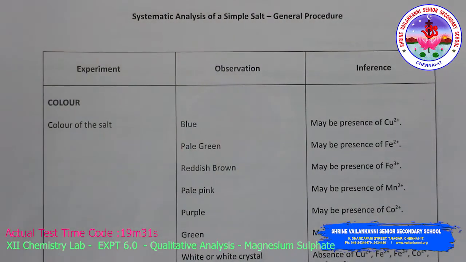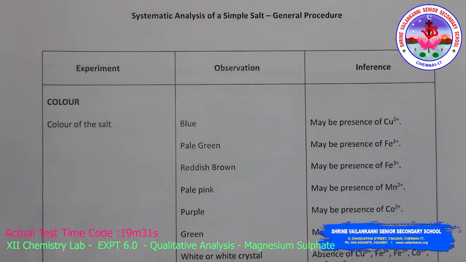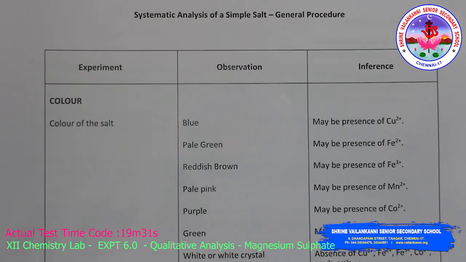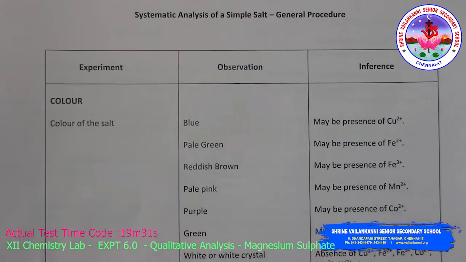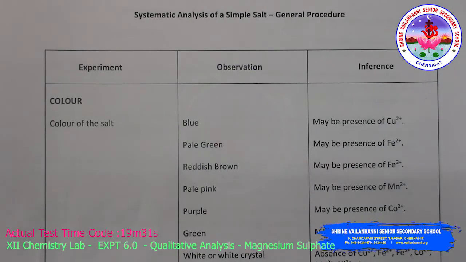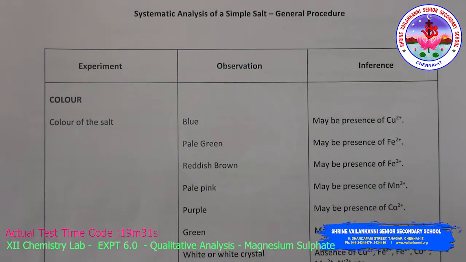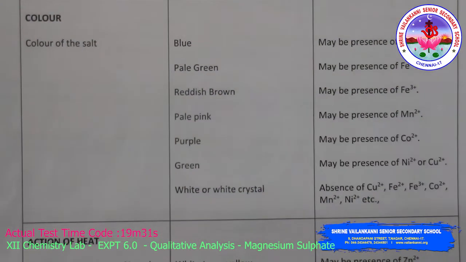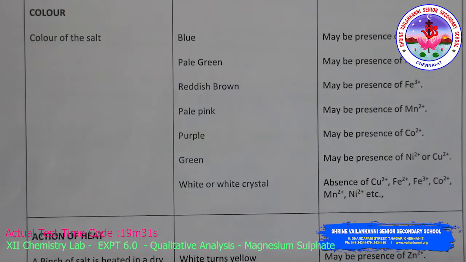First, you have to note the color of the substance. In the experiment part, the color of the substance. Blue may be the presence of copper, pale green may be ferrous, reddish brown may be ferric, pale pink may be manganese, purple may be cobalt, green may be nickel or Cu2+.